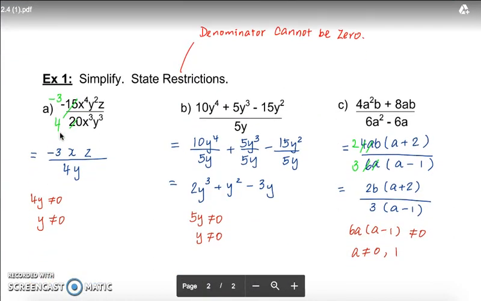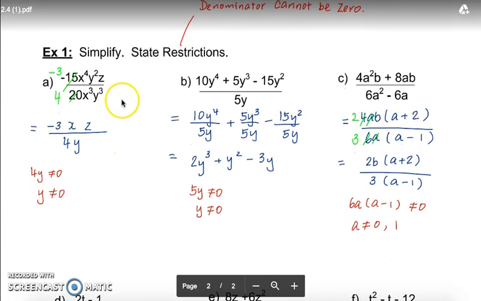Example 1. Simplify. State restrictions. In the first question, I have a monomial divided by another monomial. If I look at the coefficients negative 15 and 20, I can reduce them by 5. I get negative 3 over 4. And then you use exponent laws to simplify the variables.